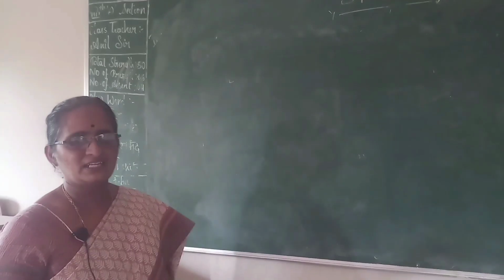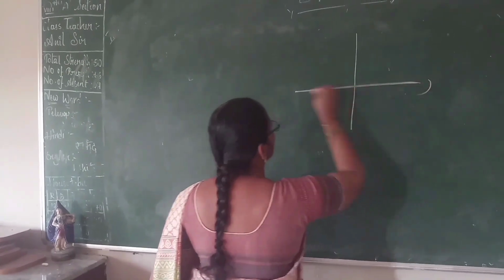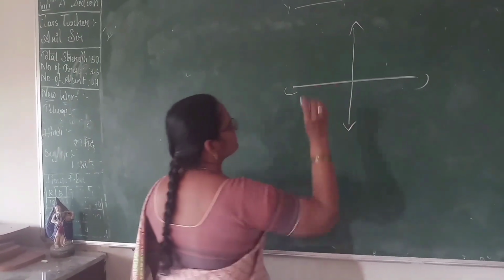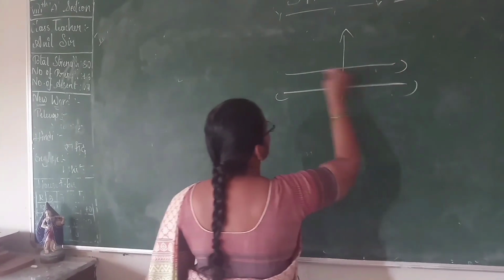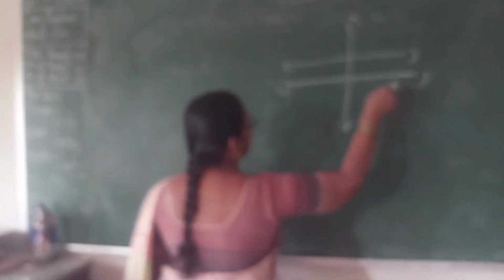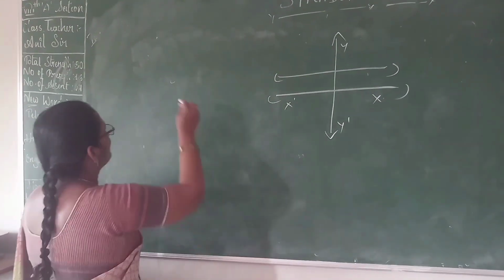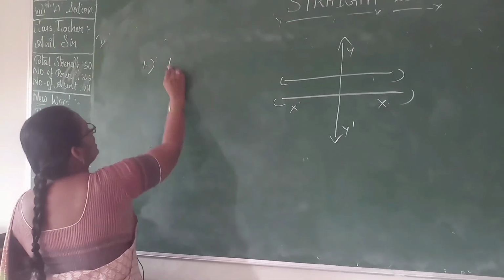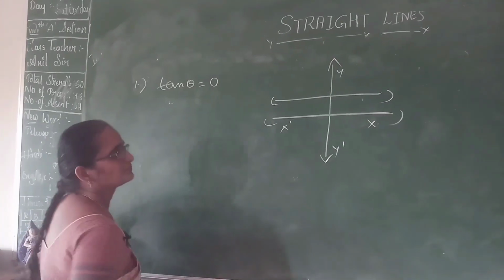Now see here, regarding the slope of the straight line, I am explaining some more types. Suppose this is the figure, and if that straight line is parallel to the x-axis, then the angle formed is such that tan theta is equal to 0.